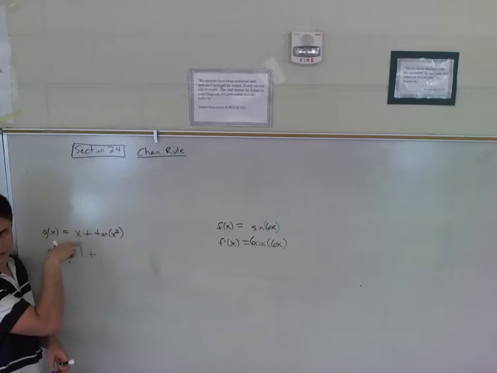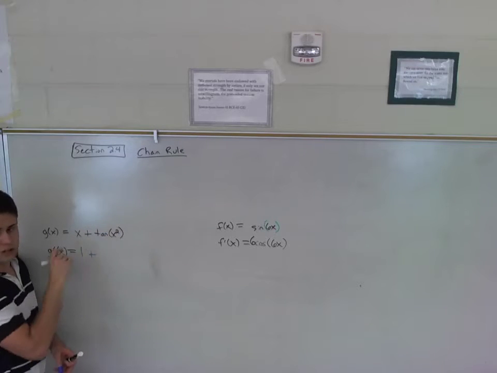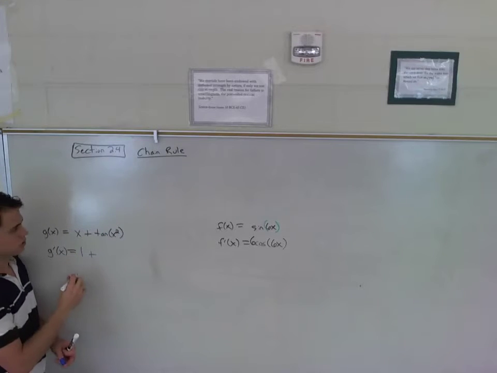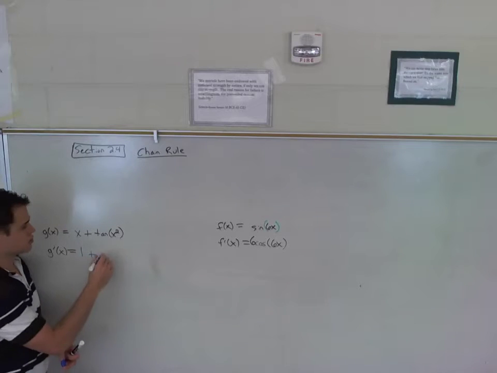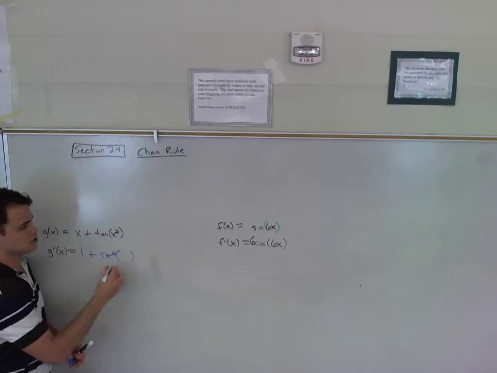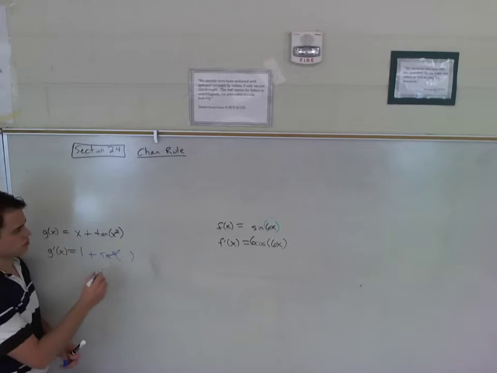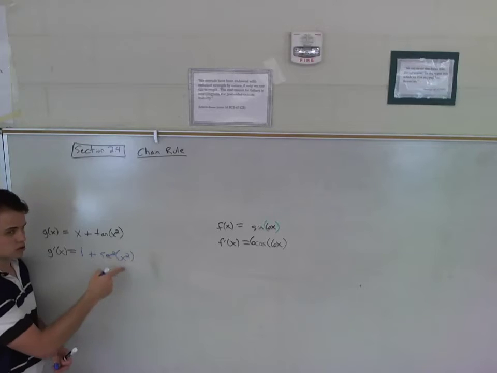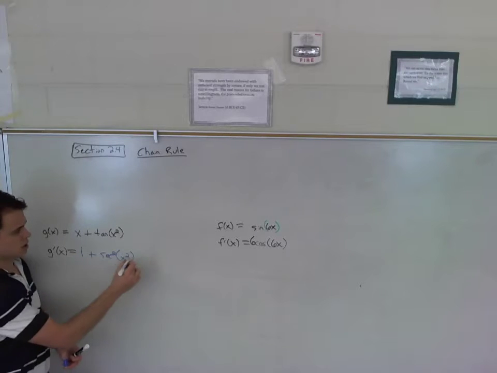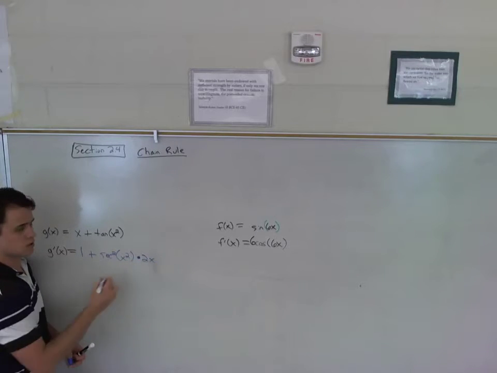This is nothing, right? Here I've got an inside thing, so I got to use the chain rule. Tangent's outside, so what's the derivative of that? Secant squared. What do I put inside that secant squared? X or x squared? I think the thing stays the same, x squared, right? Plus, times 2x.